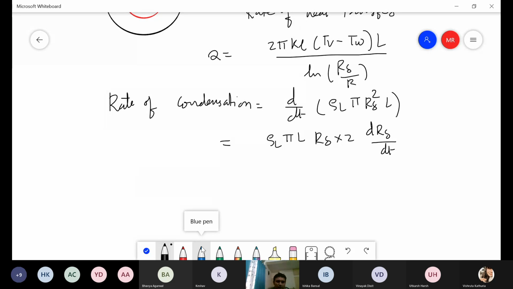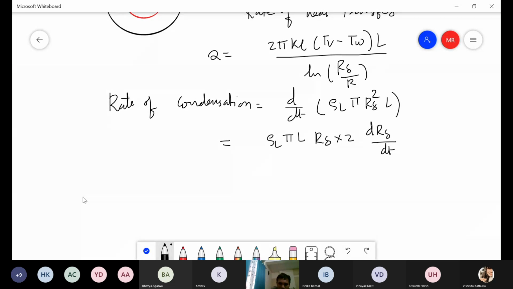Now this rate of condensation is primarily because of the heat transfer, isn't it? So we can equate that. The rate of condensation multiplied by the latent heat of vaporization gives me the amount of heat transfer.